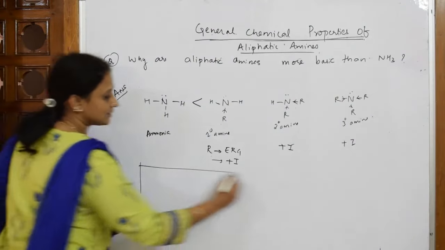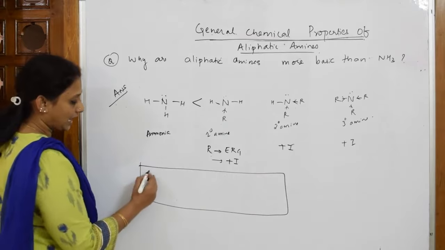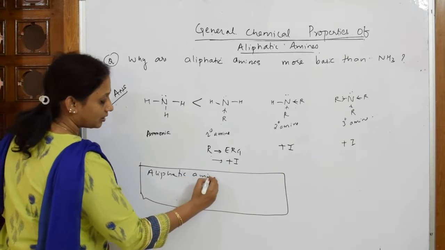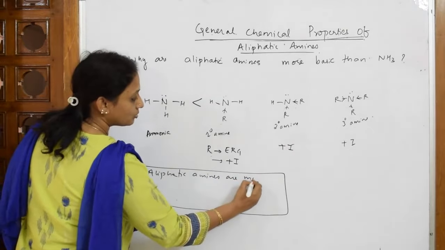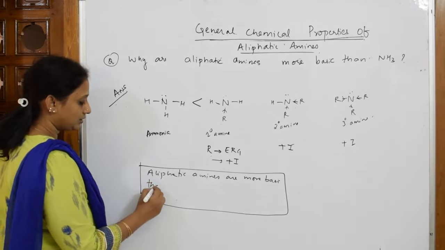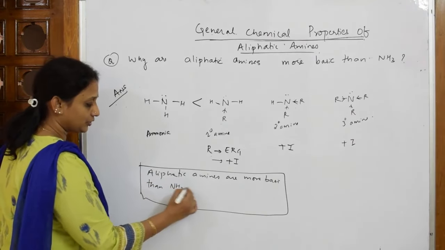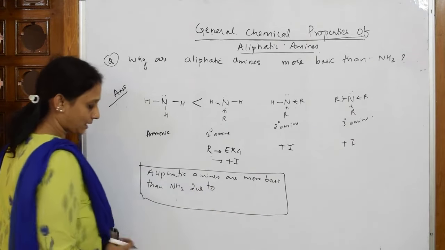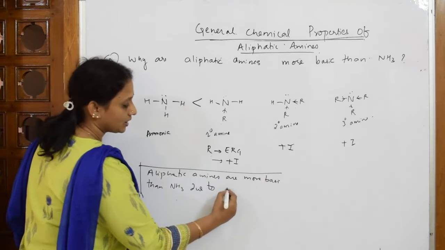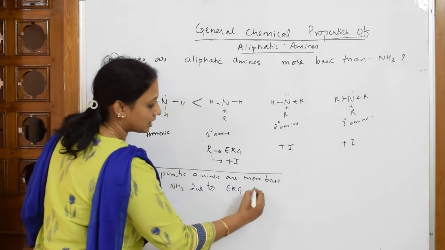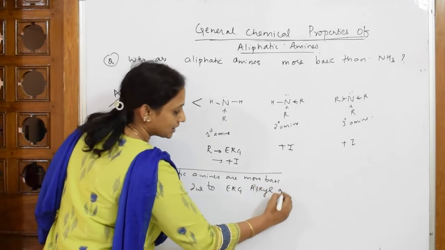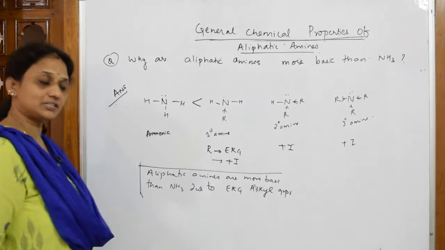Yes, now this is your reason. Start writing the reason here. Aliphatic amines are more basic than ammonia due to electron releasing alkyl groups. Let us not write shortcuts. So what will happen when they release electrons?